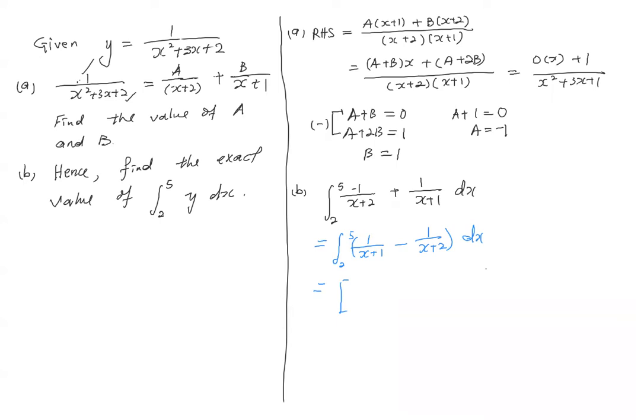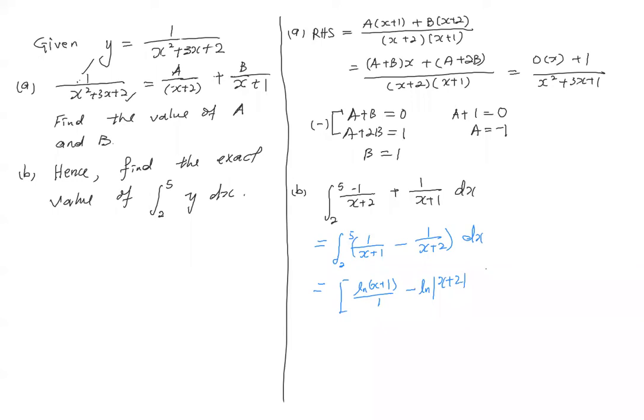Emily, when you integrate 1 over x plus 1, what do you get? Ln (x plus 1) over 1. Right? When you integrate 1 over x plus 2, you got ln (x plus 2).